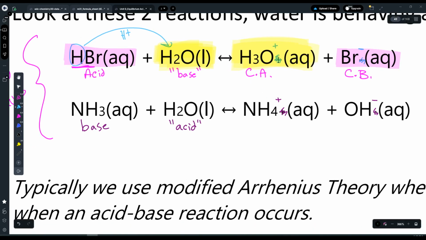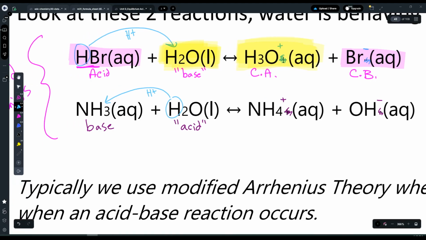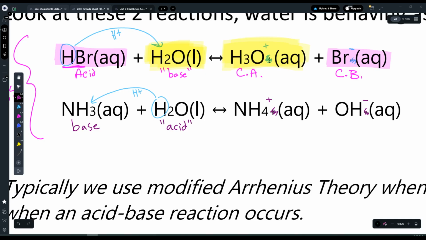Okay, so what's happening here is one of the hydrogens is moving away from water towards ammonia. So that's how we get NH4, because ammonia gained one hydrogen, and it's also how we get hydroxide because water lost one hydrogen. So for my conjugate acid-base pair, ammonia, looking on the product side, what looks most like ammonia is NH4.